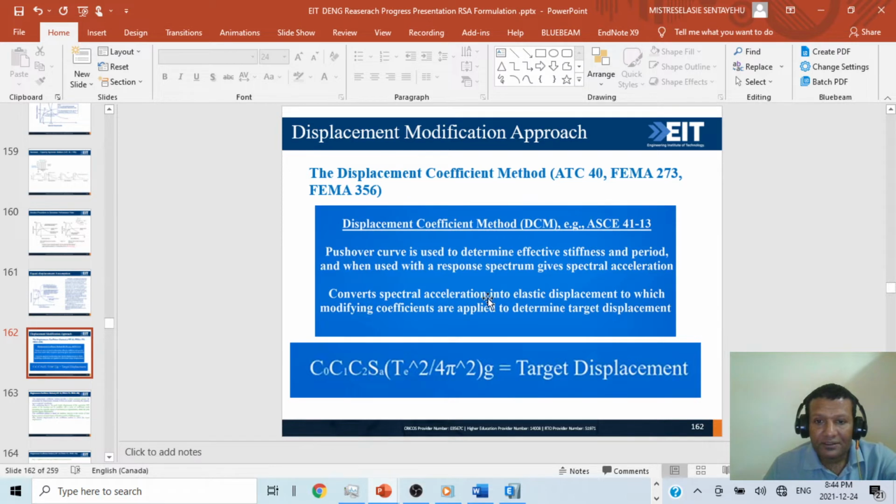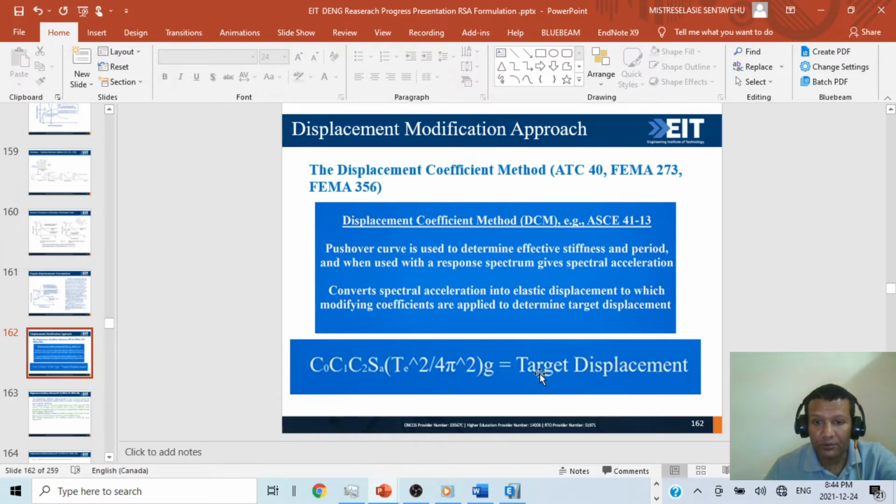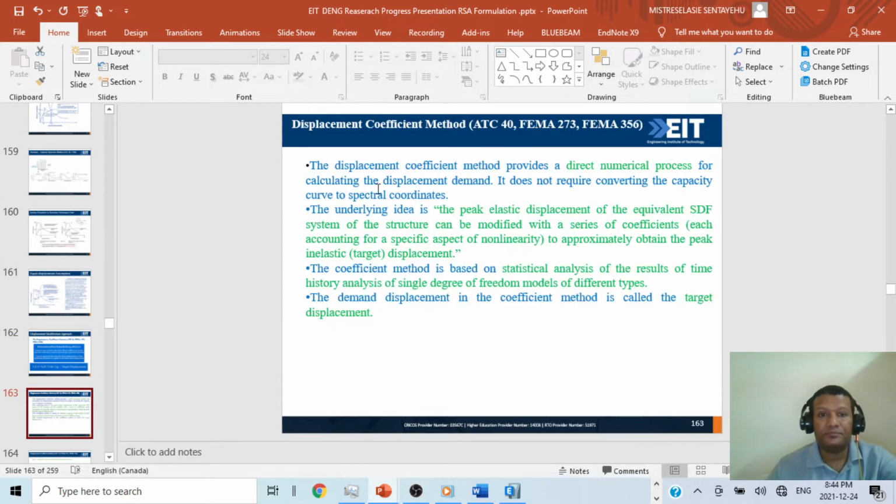Convert spectral acceleration to elastic displacement, to which modifying coefficients are applied to determine the target displacement. So the same thing is true. This is the formula we are going to use, target displacement. So what we are going to do, displacement coefficient method, ATC 40, FEMA 273, FEMA 356.